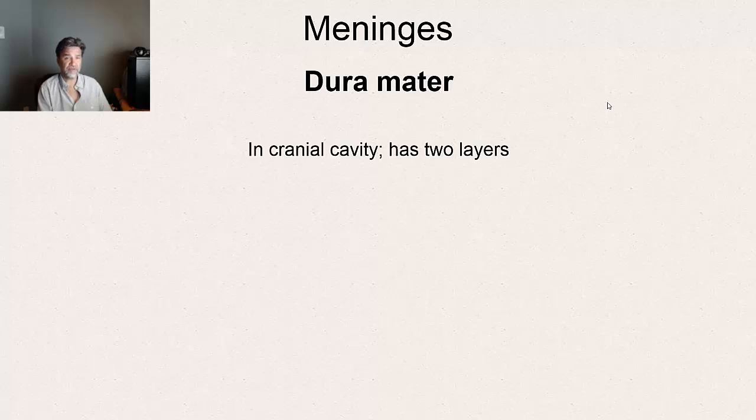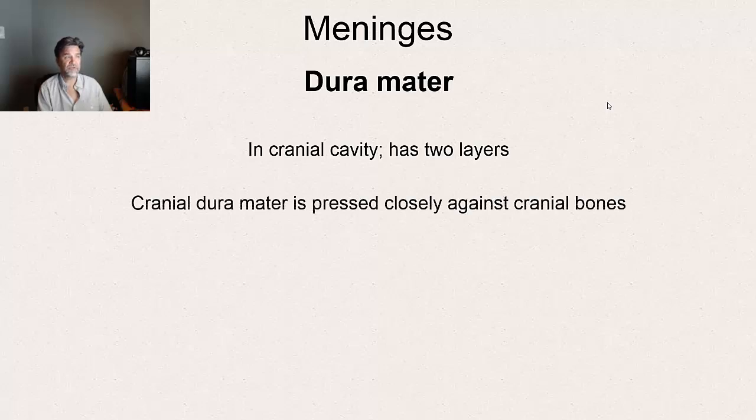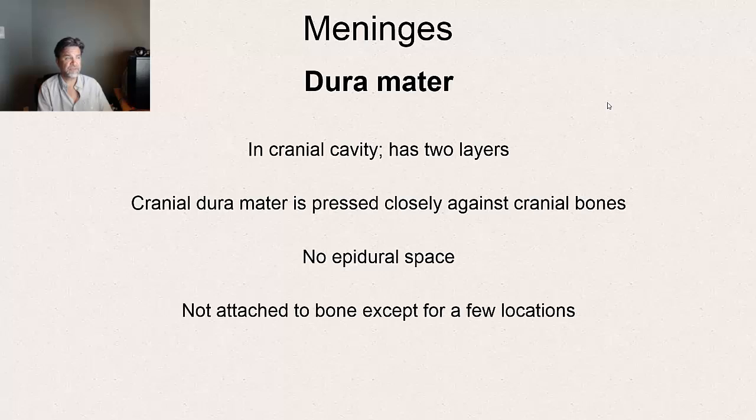In the cranial cavity, though, it actually splits into two layers. There's the cranial layer that is really closely associated with the cranial bones. Now, it doesn't actually attach to them, except in very limited locations. But you should understand that this layer means that there is no epidural space, the cranial dura mater. So again, they'll split into two layers, but we'll talk about those two layers and we'll see those in just a sec.